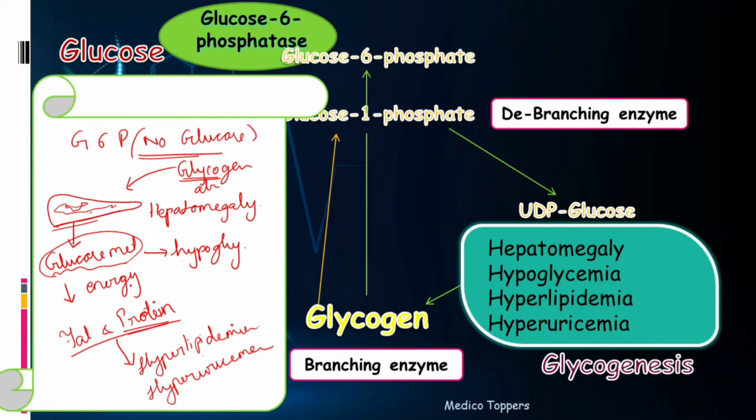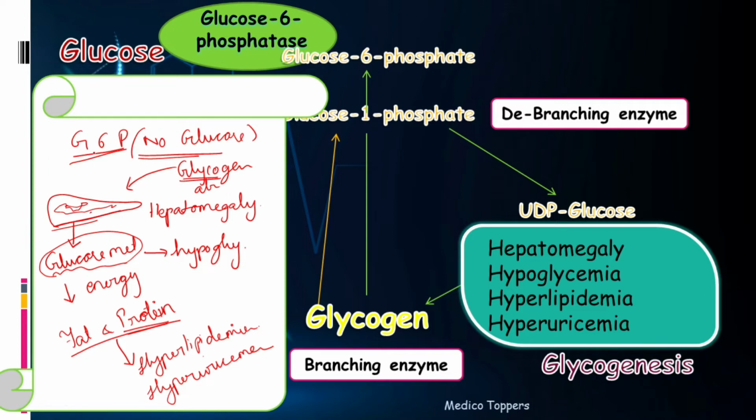So our body will switch its energy metabolism towards fat and protein, which are already stored in our body. Then a lot of breakdown of fat and protein will lead to hyperlipidemia and hyperuricemia, and this is the main causation. So try to remember that in Von Gierke disease, there will be deficiency of the G6 phosphatase enzyme.